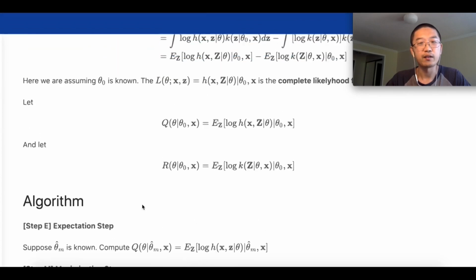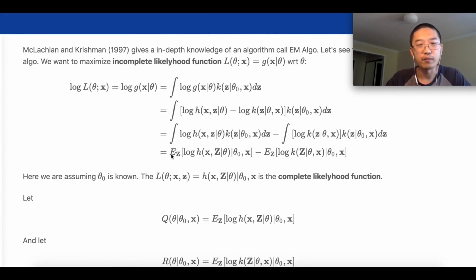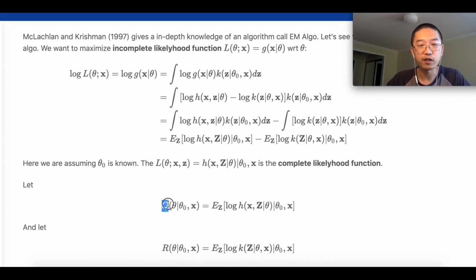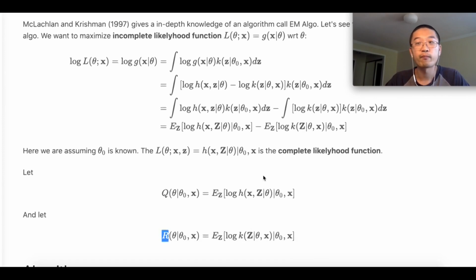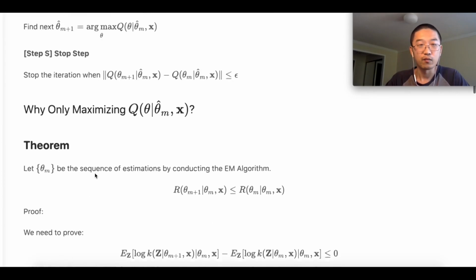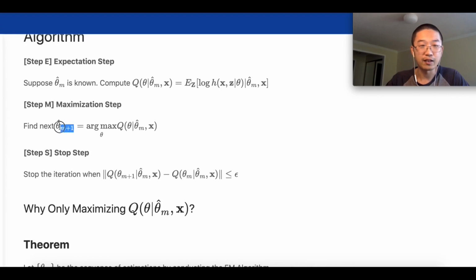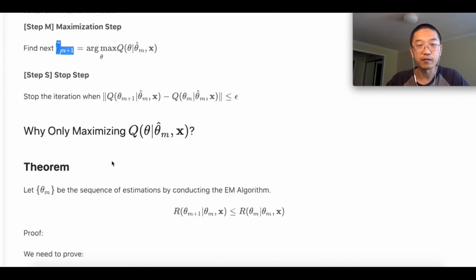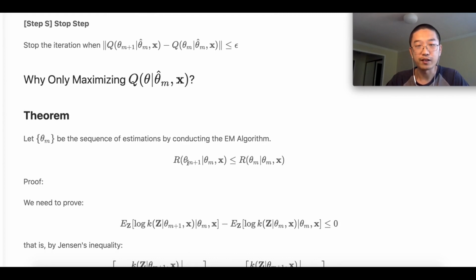And you might be curious why we only maximize the first term, and not minimize the second term. So why only maximize function q but not minimize function r? There's a theorem we can prove: given theta m and the theta m plus 1 we calculate here, the r term of theta m plus 1 is actually less than the r value of theta m.